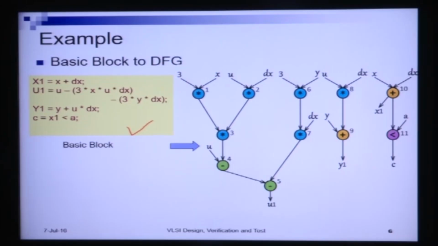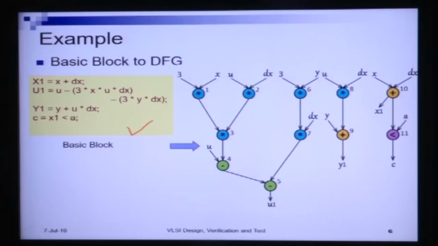Now the corresponding data flow graph of this basic block is shown on the right of this slide. So see, operation 1 takes as input two independent variables 3 and x. Operation 2 takes two independent variables u and dx. Operation 3 performs the operation 3 into x into u into dx, and operation 6, for example, performs the operation 3 into y.